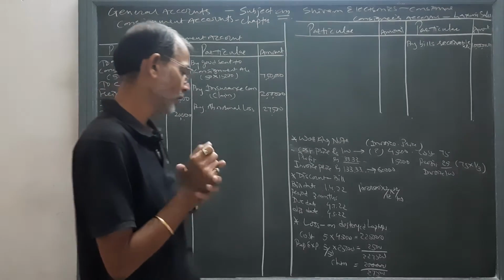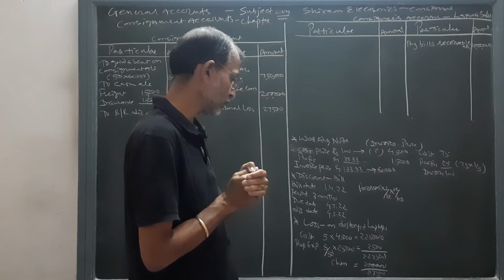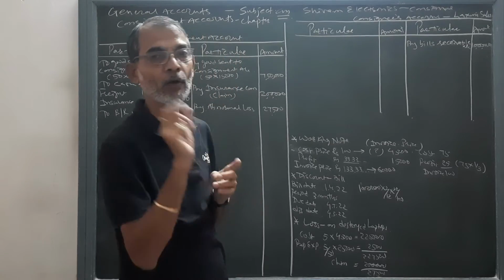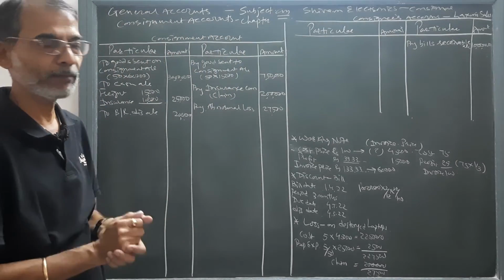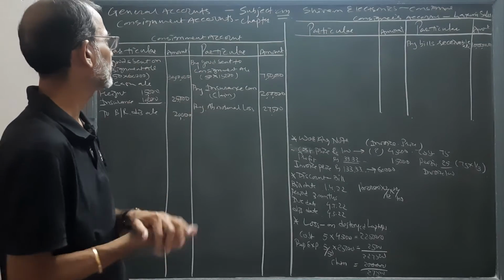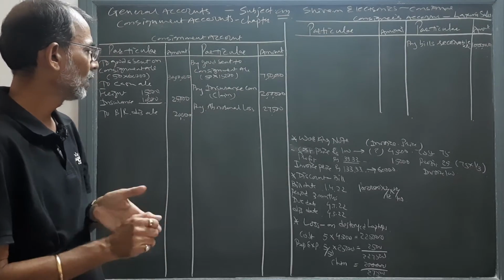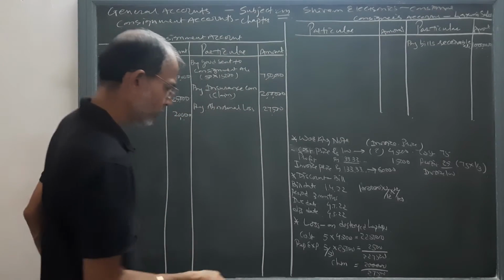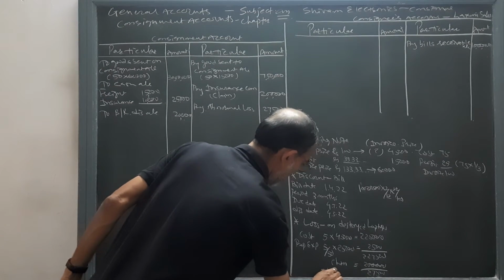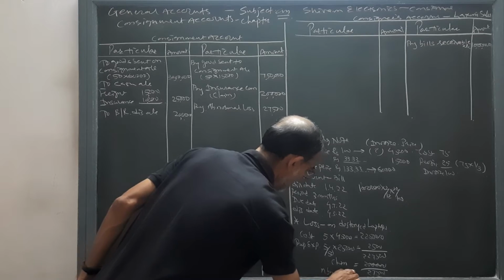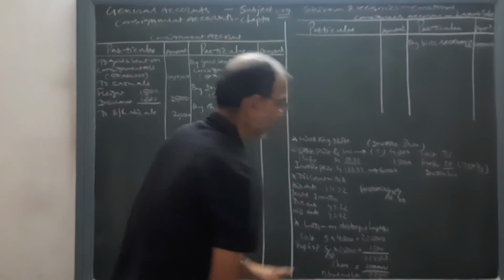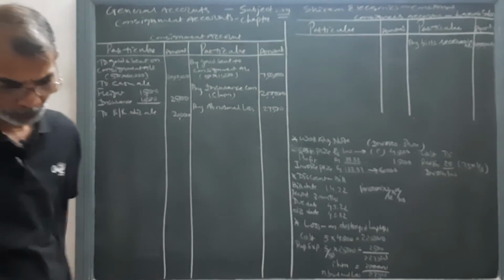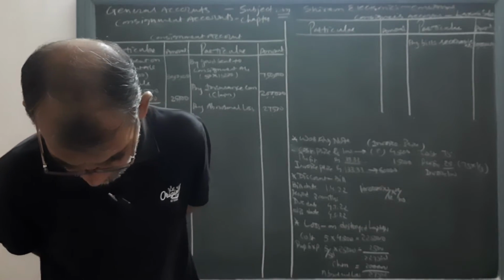So the cost of these 5 laptops is 2,27,500, out of which the insurance company has accepted a claim of 2 lakh, which I wrote on the credit side of the consignment account. So subtracting that, the abnormal loss will be 27,500.